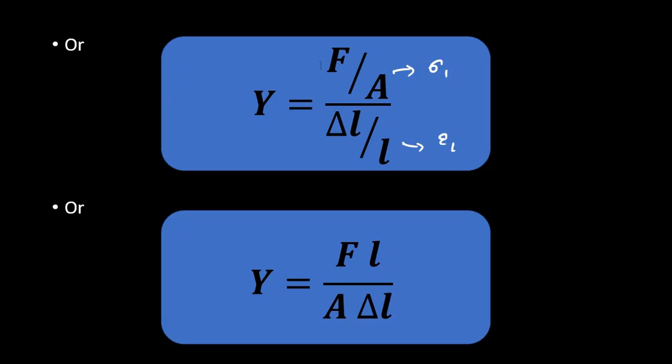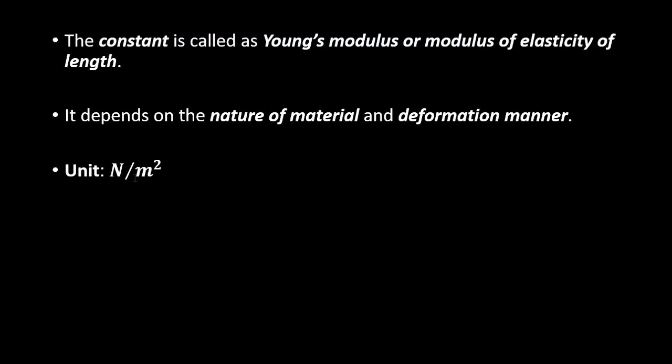As you can see, strain has no units because the numerator delta L, whether meter or centimeter, has the same units as L. And F is in Newton and area is in meter square. So in SI unit, Young's modulus is Newton per meter square. And Young's modulus of elasticity is unique for every material.